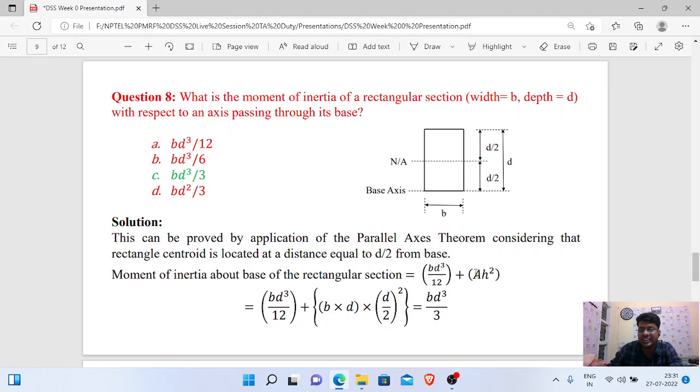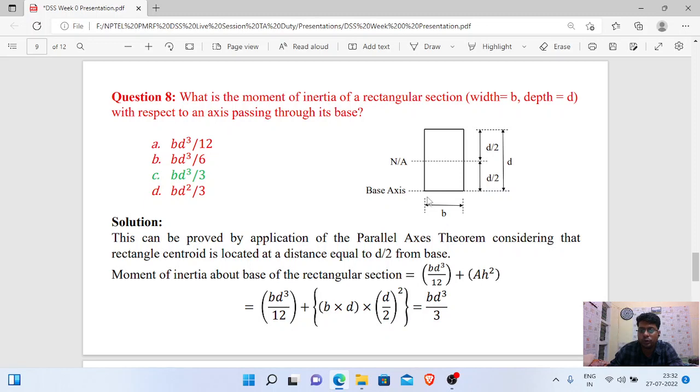And what is h? h is the distance between the neutral axis and this base axis, about which we have to find the moment of inertia. So this distance is d by 2. So we are going to put all these values.